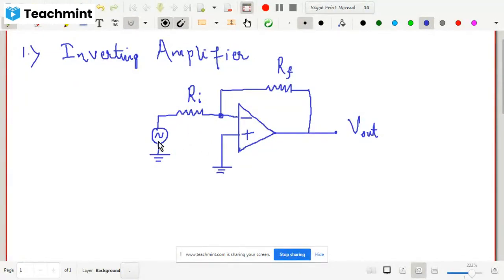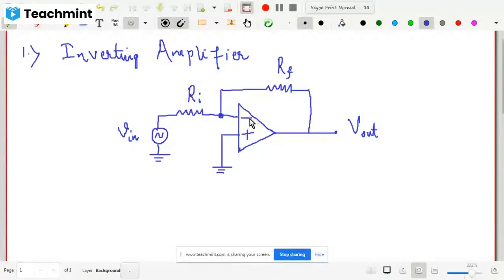Now let me first tell you a few points about this, then we will go to the derivation of the gain of this amplifier. You can see this V in is applied through this resistance Ri to the inverting input, the minus input.